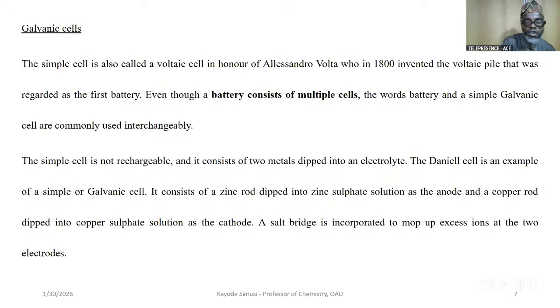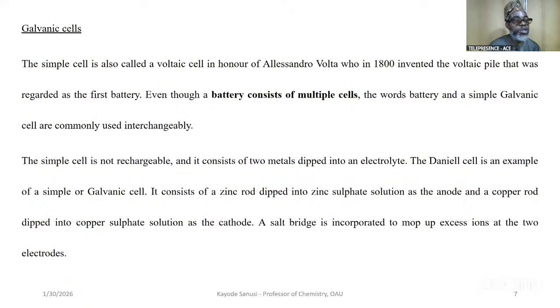Those things that you see around, torchlight batteries, tiger batteries, and so many examples of them, are actually cells. The proper name for them is cells. You have to have multiple cells connected together before you can have a battery.